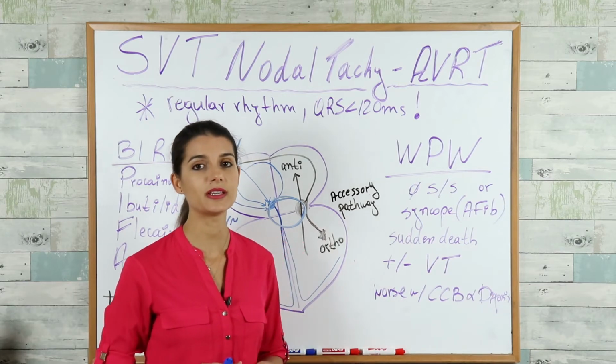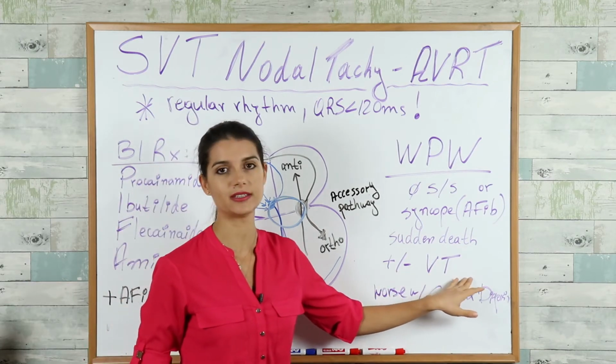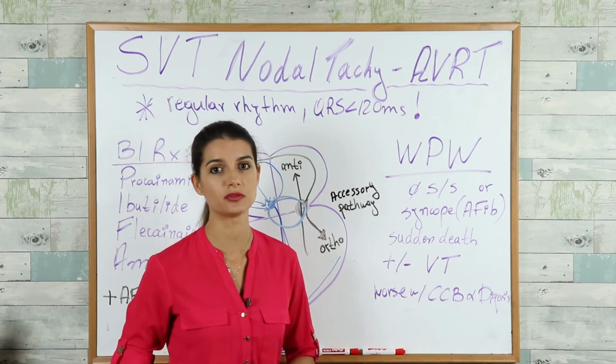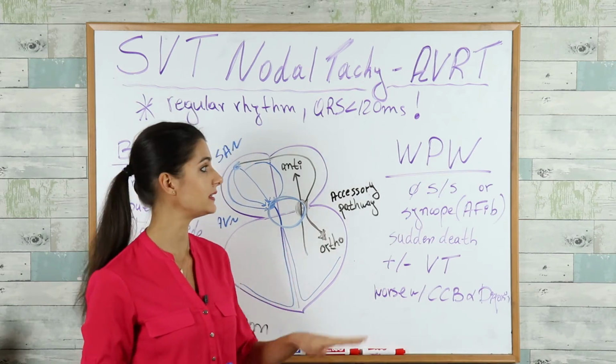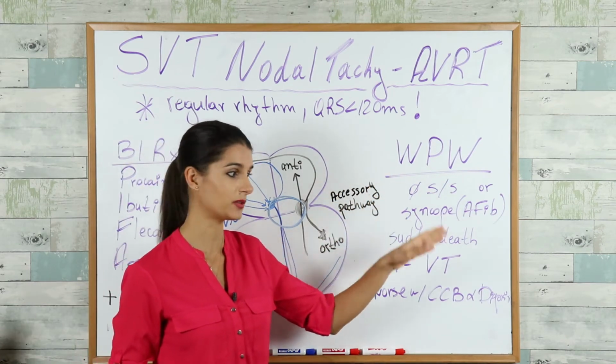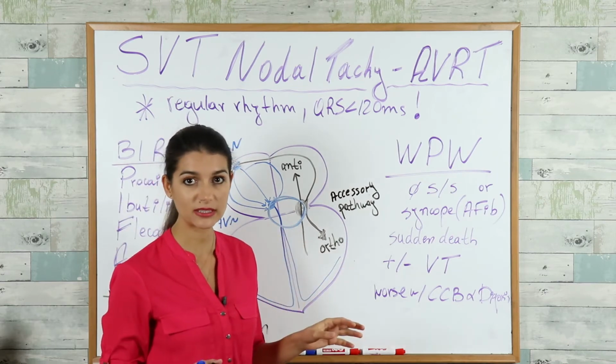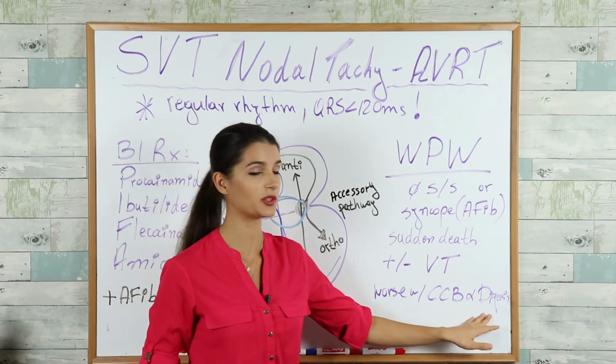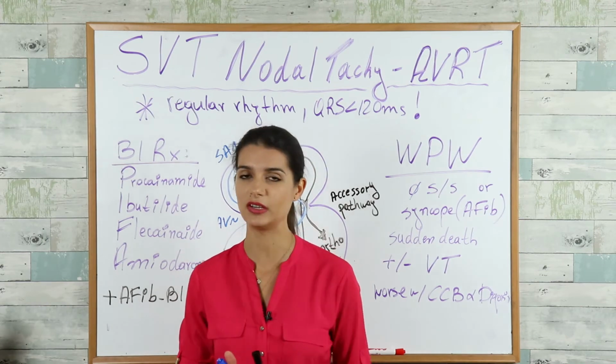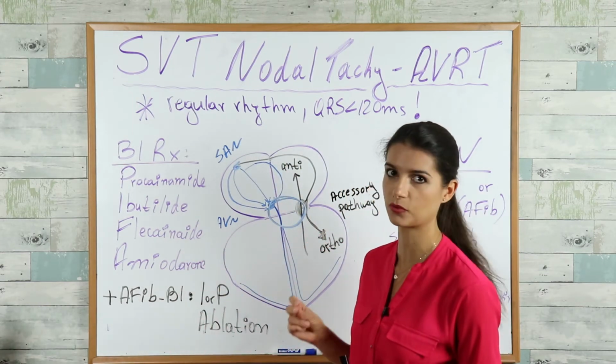They can also present with or without ventricular tachycardia, so make sure you know this as well. And also, the tachycardia here in Wolff-Parkinson-White syndrome will get worse when you give them calcium channel blockers or digoxin.